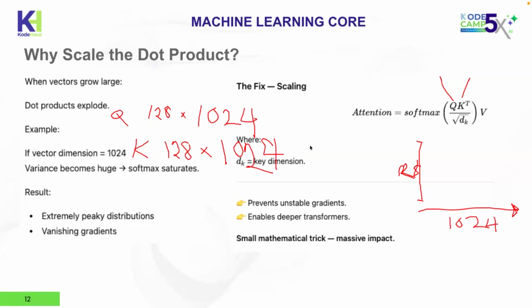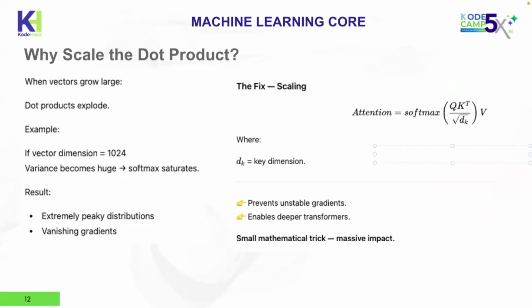So if we have Q to be 128 by 1024, and K to be 128 by 1024 as well, then you have to transpose the K. So K transpose, let me just use K dot T. K transpose is going to be 1024 by 128.